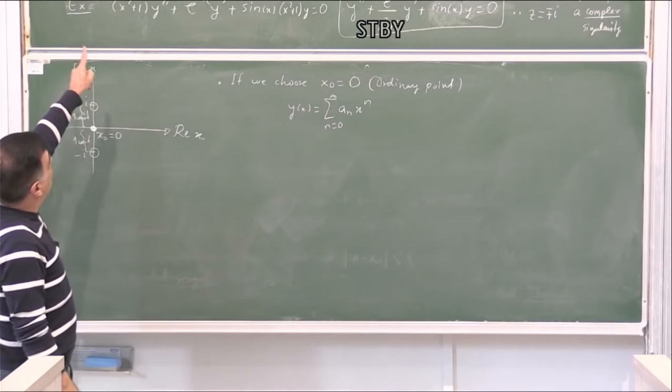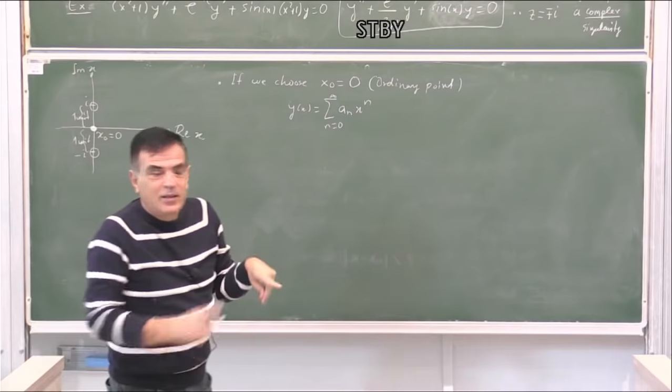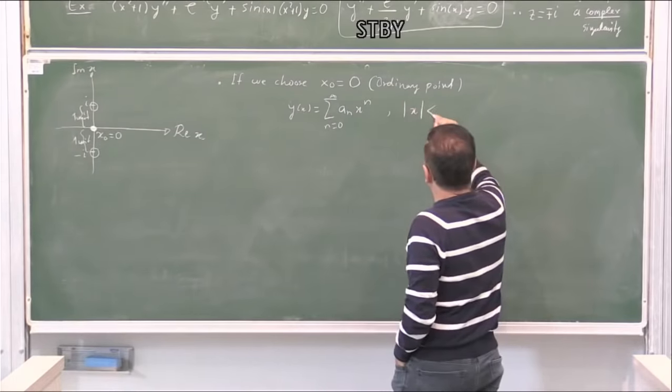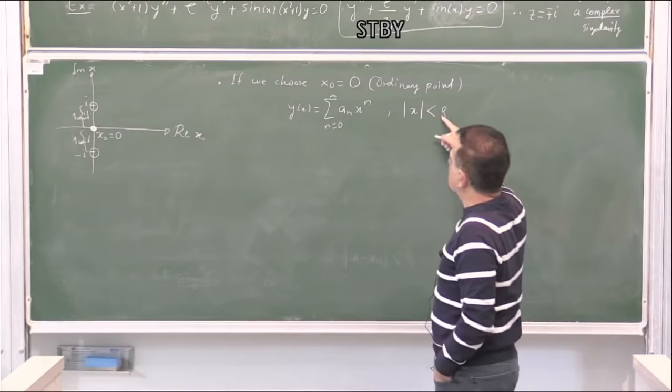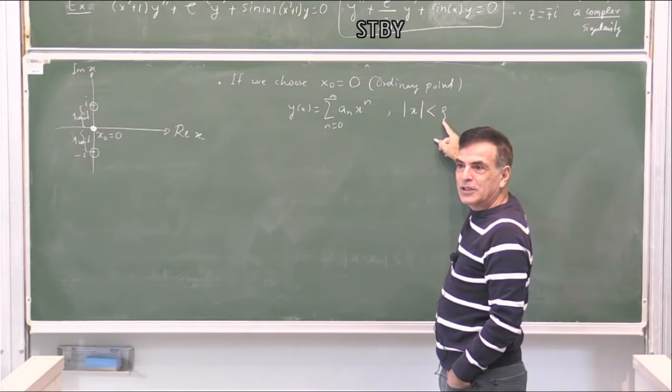So what does the theorem state about the radius of convergence? x should be smaller than rho. The radius of convergence is bounded by the nearest singular point to x0. And the nearest singular point is the singular point in the complex plane.